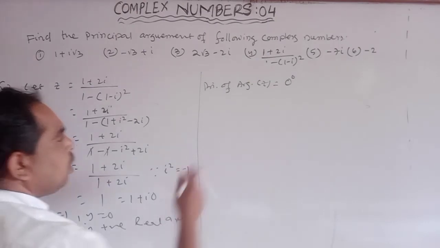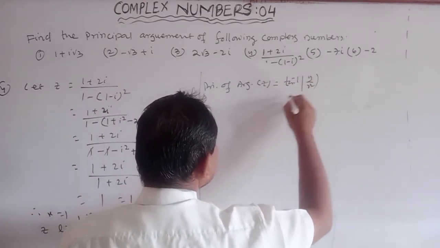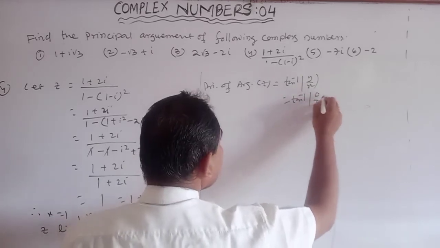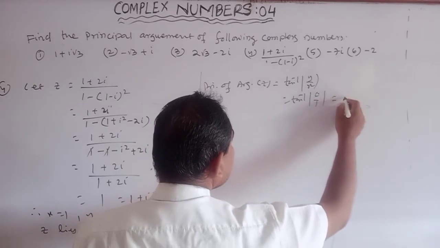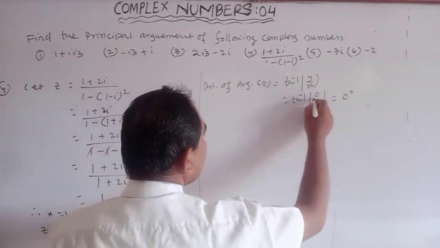Use the formula tan inverse mod of y by x: y is equal to 0, x is equal to 1. So this is 0 degree, since tan inverse 0 is 0.